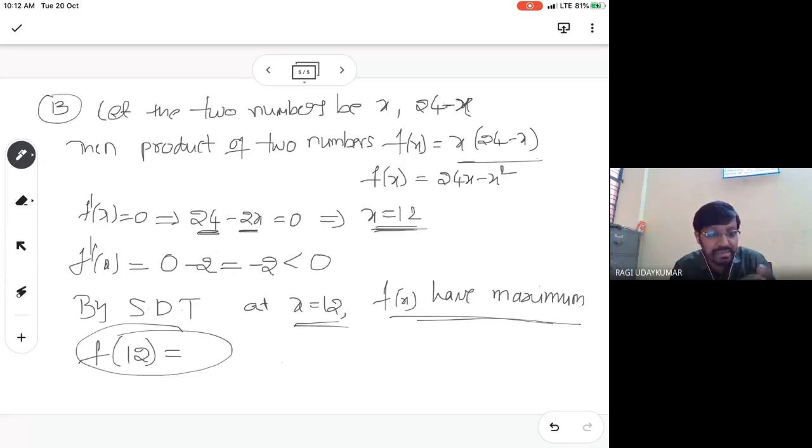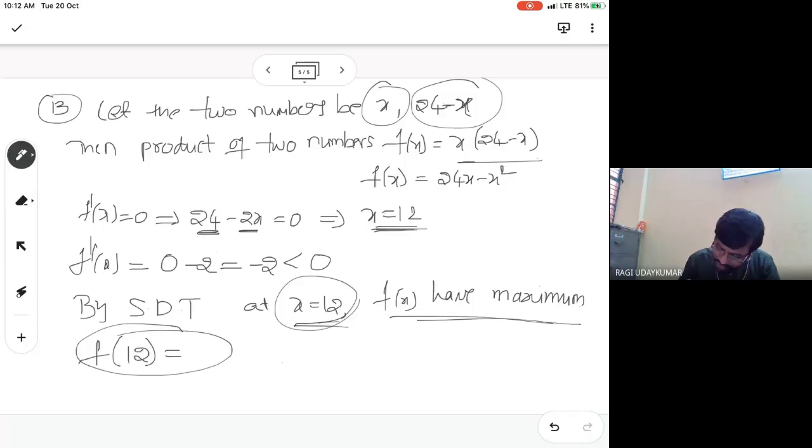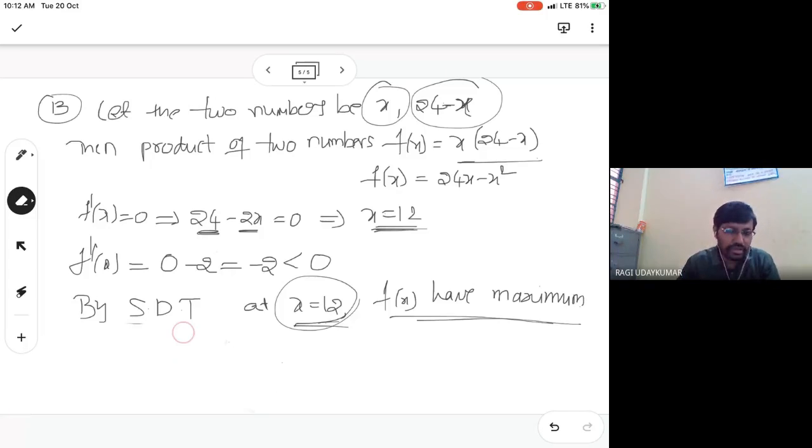What are the numbers asked? At what point the maximum will exist, that point should be taken into consideration. So this is a point, so that the numbers क्या होगा, one number इसमें substitute करना है. Here f of 12 is not necessary for you to find out.